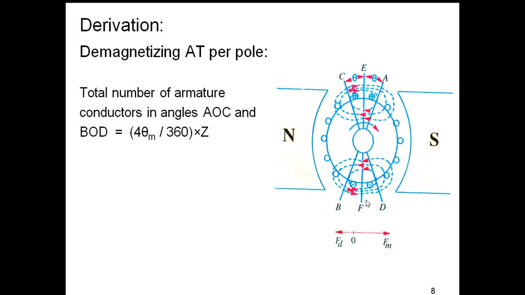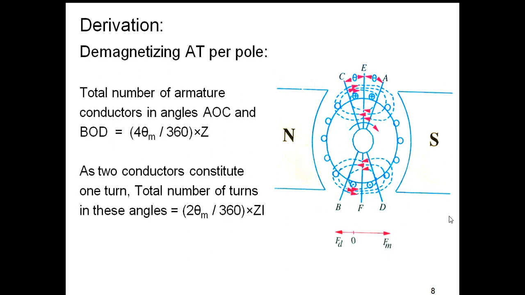Z is the number of conductors. As two conductors constitute one turn, the total number of turns in this angle will be half of the above, that is 2 theta m by 360 into Z into I.